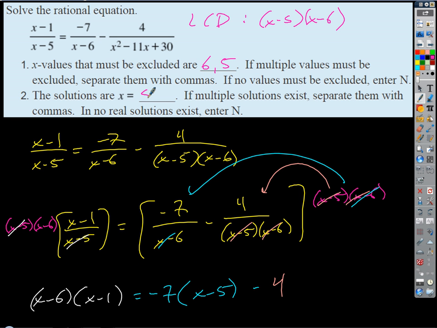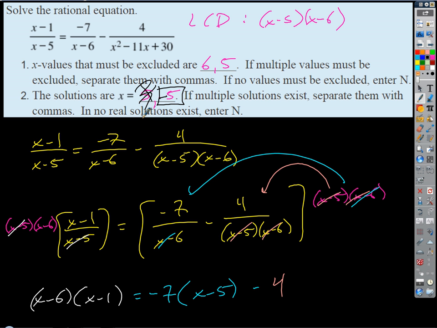So, can I include the negative, or can I include the 5? No. It's extraneous. Right? Can't include the 5 because it's an excluded value, so that's not a valid solution, right? That's an extraneous solution. So I can't put that in Moodle. The only one I can put in Moodle is that one, right? That one's gone, just the minus 5.